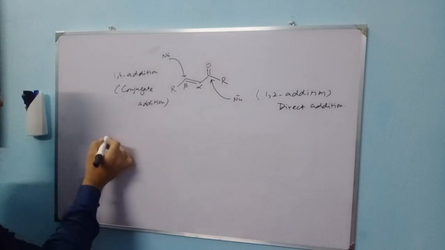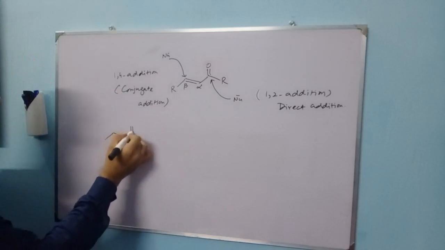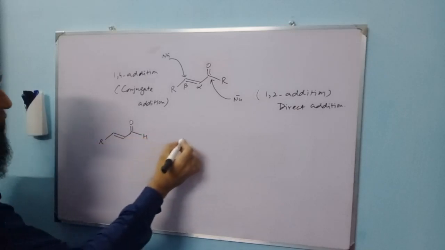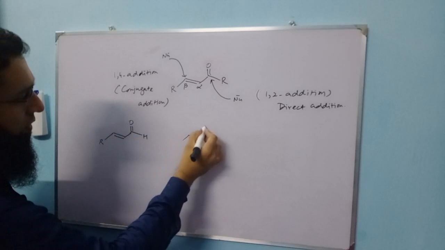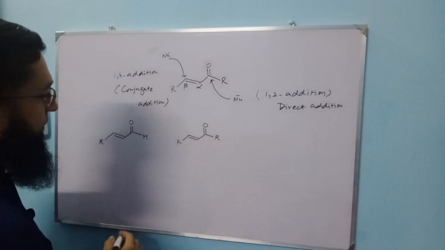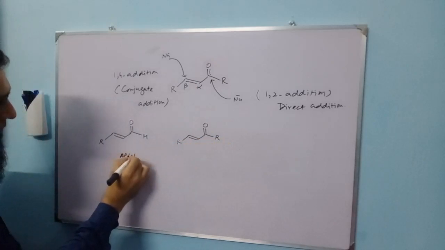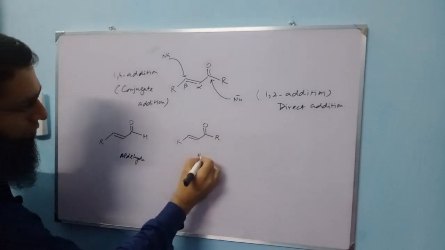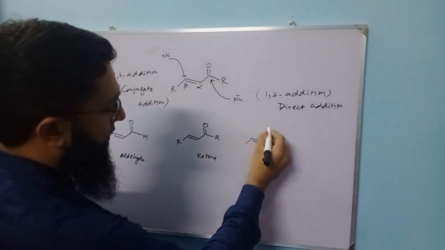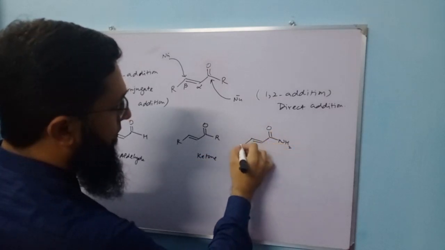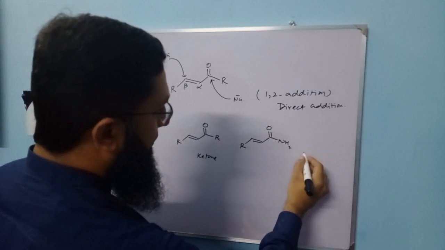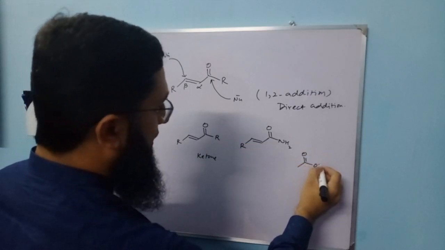For example, we can have different substituents on the alpha, beta carbon: aldehyde, ketone, carboxamide, and another example is ester.